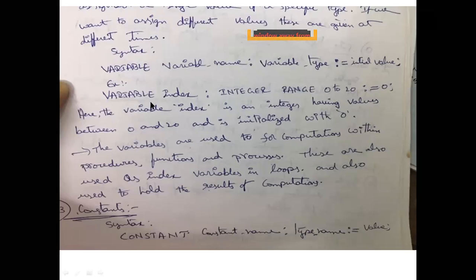Then this index variable automatically takes 0, 1, 2, 3, 4 like that up to 20. But it stores only one value at a particular time. After that, it changes to 1, then to 2. Like that, it takes values from 0 to 20. So you must remember that a variable is always declared with this operator, that is colon equal to.